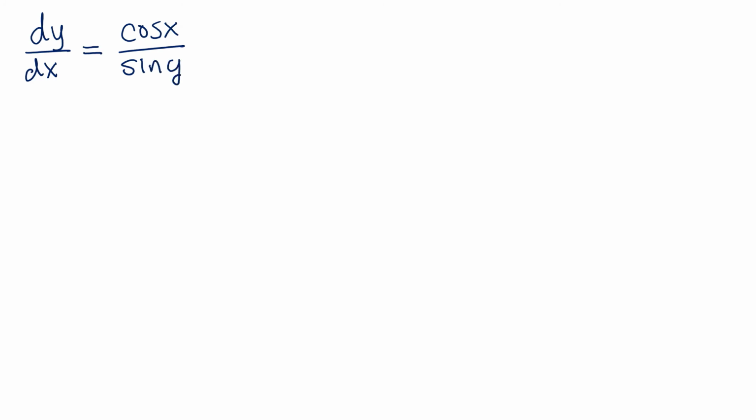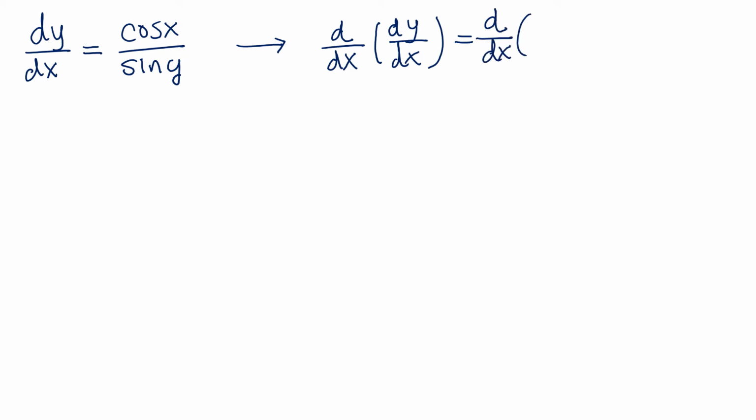We want to get to the second derivative, so to do that, we're going to take the derivative with respect to x of the left-hand side dy/dx and the derivative d/dx, with respect to x, of the right-hand side cosine x divided by sine y. The second derivative we write as d squared y over dx squared.